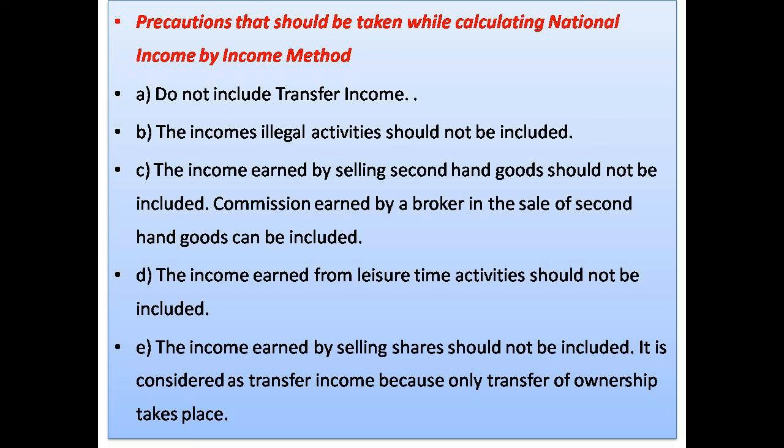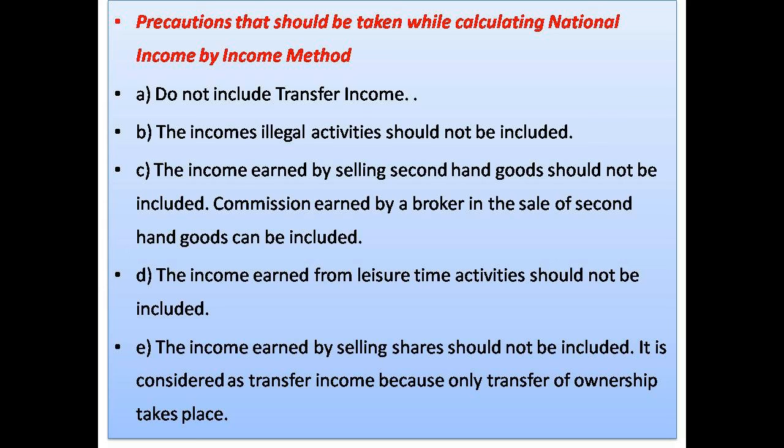Income earned by illegal or unlawful activities should not be included. Income earned by selling second-hand goods should not be included, because income earned by second-hand goods we already included in a previous year. So now no need to include. But if a broker is getting commission for selling second-hand goods, it can be included.